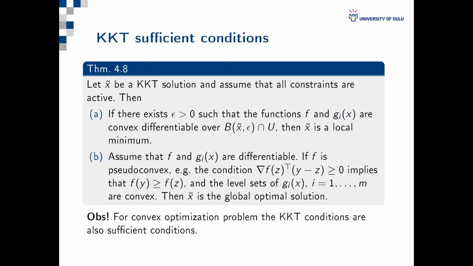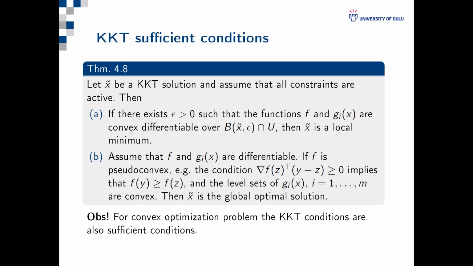If f and g_i are differentiable and f is pseudo-convex, so that if we have this condition valid, remember that this condition was a necessary and sufficient condition for z to be a minimum point in convex optimization. But if this condition implies that z is a minimum point, we speak about pseudo-convexity.